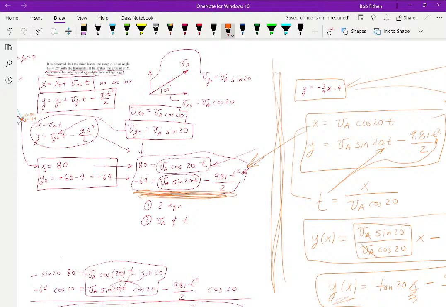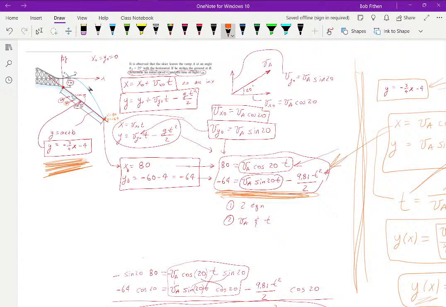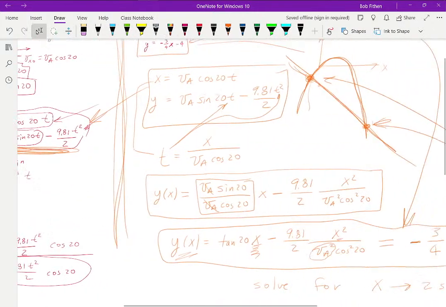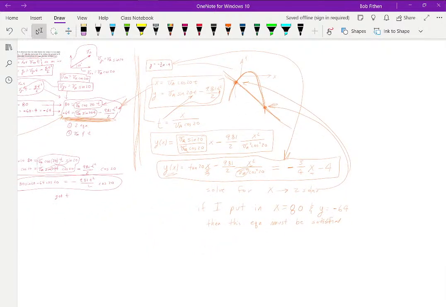When you're doing this particular way, you are using the equation of a line, you're just using that point right there. The other is to set up the whole equation and then use it that way. Either one's fine.